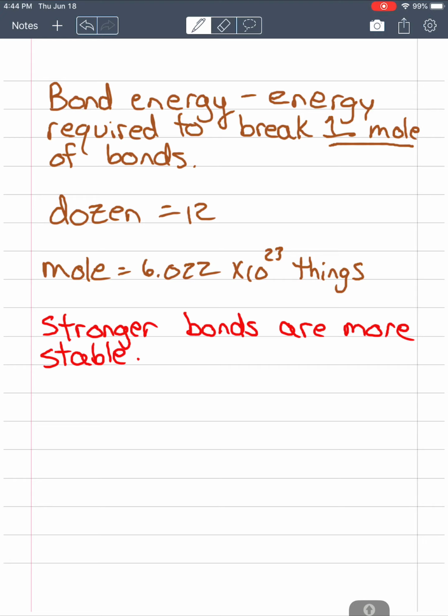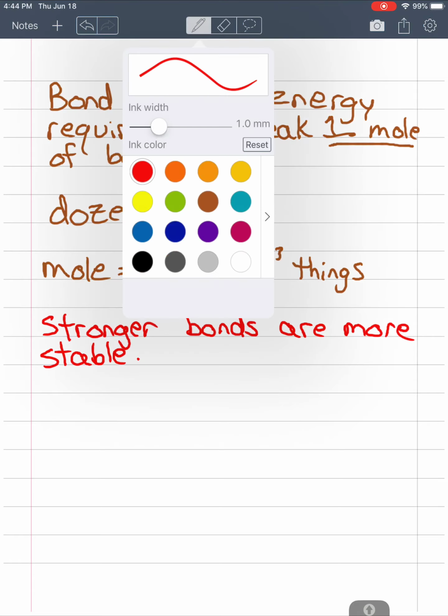Bond energies are averaged, and I'll tell you why. If I'm looking at an oxygen double bond, it could be bonded to fluorine. It could be bonded to another oxygen. Actually, it wouldn't be double bonded to fluorine.